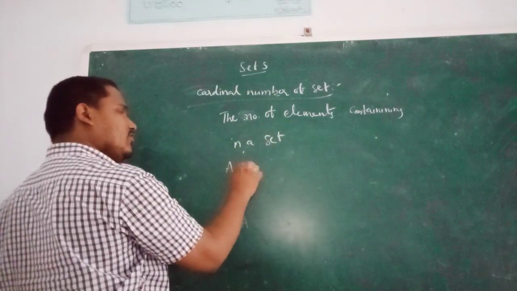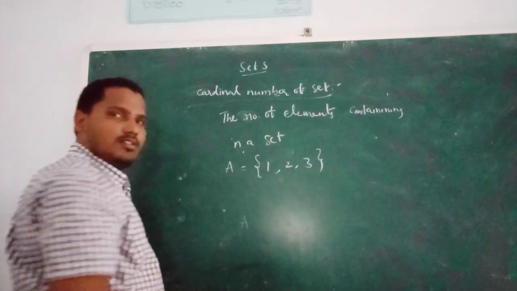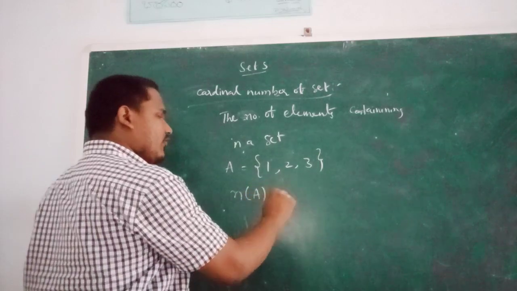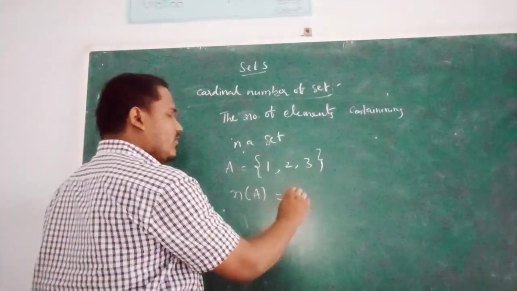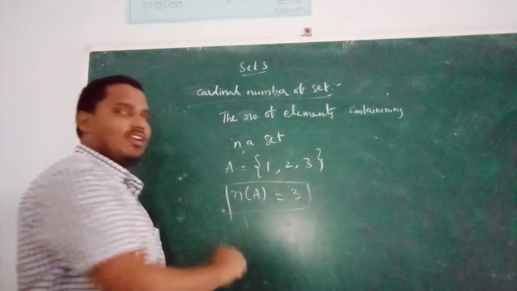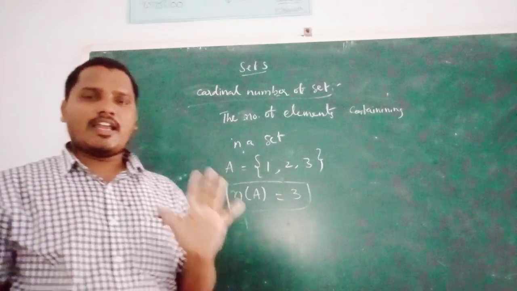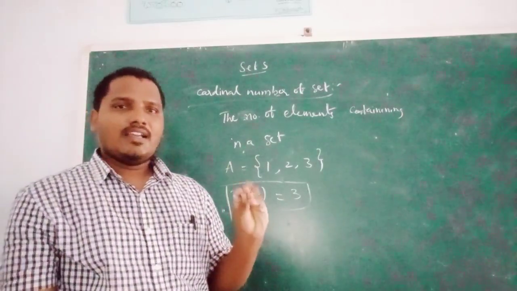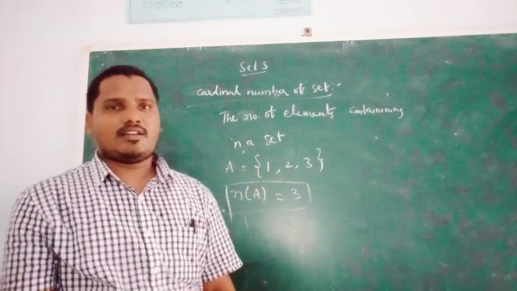Suppose A is equal to the set of 1, 2, 3. Here the number of elements, n of A, is equal to 3. This is the cardinal number of a set. The number of elements contained in a set is called the cardinal number of a set.